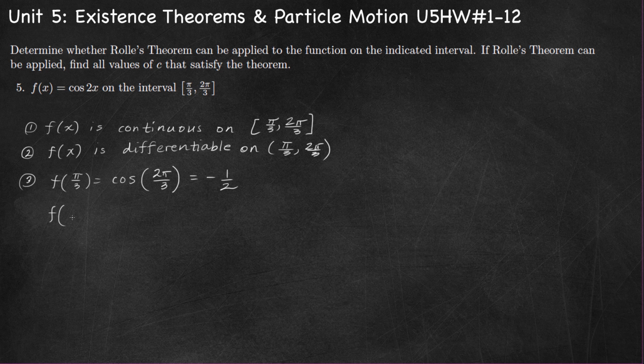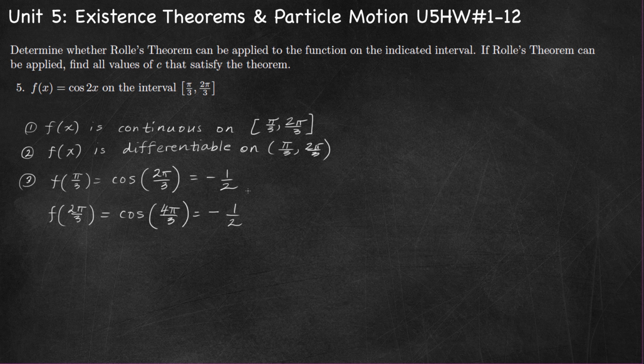Our other endpoint, we want f of 2 pi over 3. So that's the cosine of 2 times 2 pi over 3, or 4 pi over 3. So our reference angle is pi over 3. Cosine of pi over 3 is 1/2, but 4 pi over 3 is in quadrant 3, and here the cosine is negative, so negative 1/2.